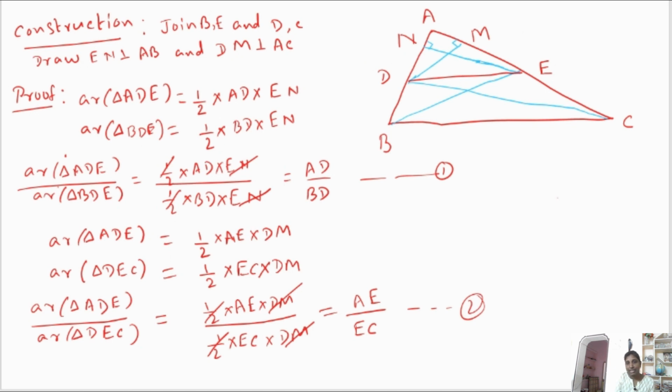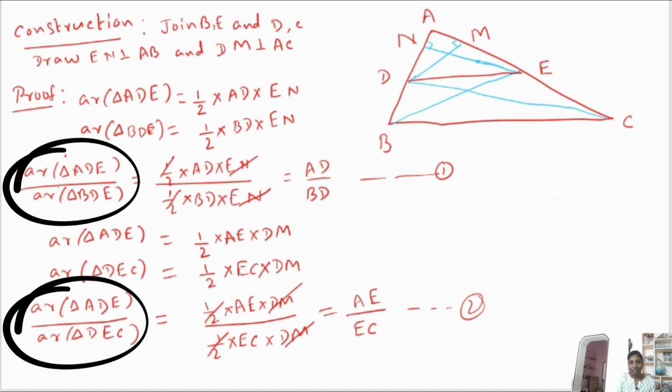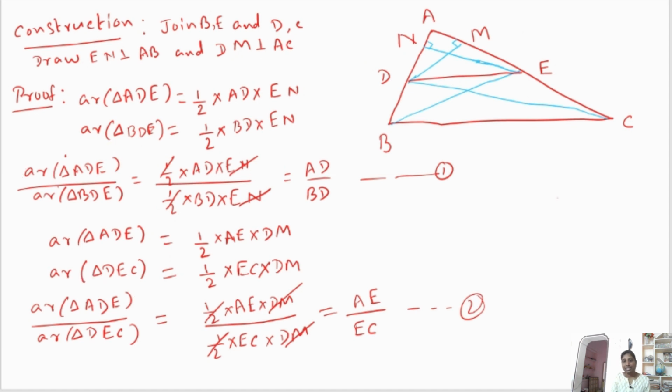See, if you look at the right hand sides of these two equations, AD by BD and AE by EC, if we prove that AD by BD is equal to AE by EC, it means the proof is over. To get these two equal, we need to prove the left hand sides are equal. If the left hand sides of these two equations are equal, then we can say that the right hand sides are also equal.